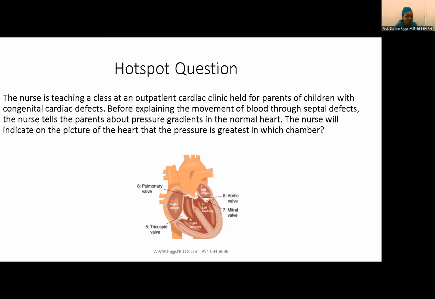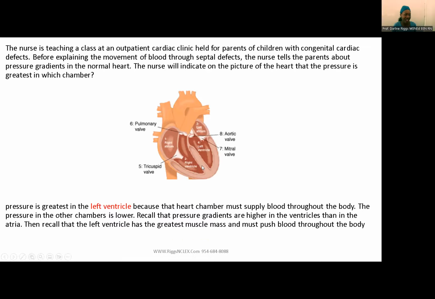Where is the pressure greatest in the heart? We talked about this. There's one side of the heart that works the hardest. Which one is it? Left ventricle.